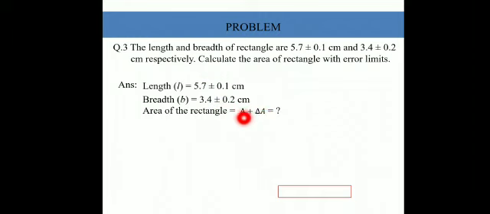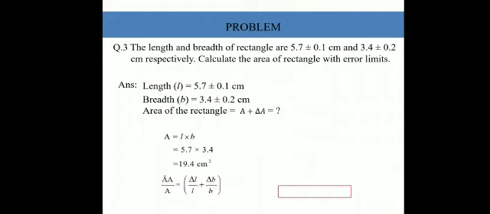Before that, first we will calculate the absolute value. Area is calculated as length into breadth. With absolute values we can calculate length into breadth, 5.7 into 3.4, which is 19.4 centimeter square, right? But we know that if two properties are multiplied, the error is simply the addition of the relative errors of the two properties.